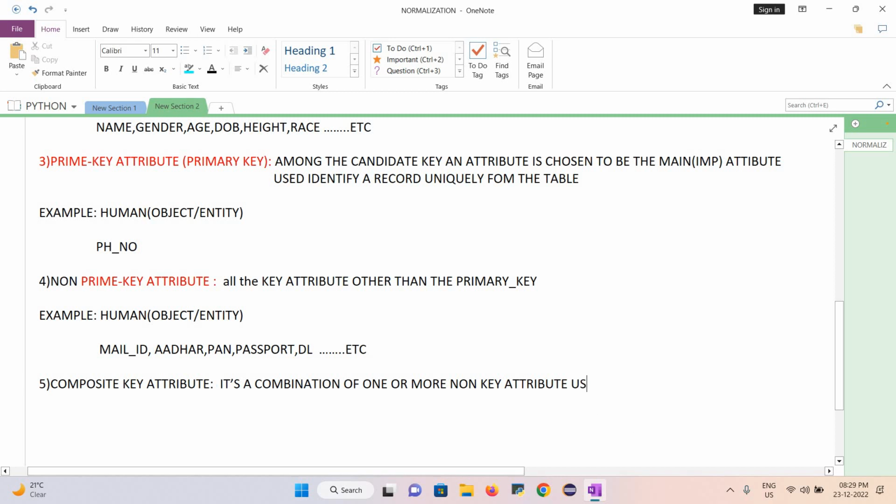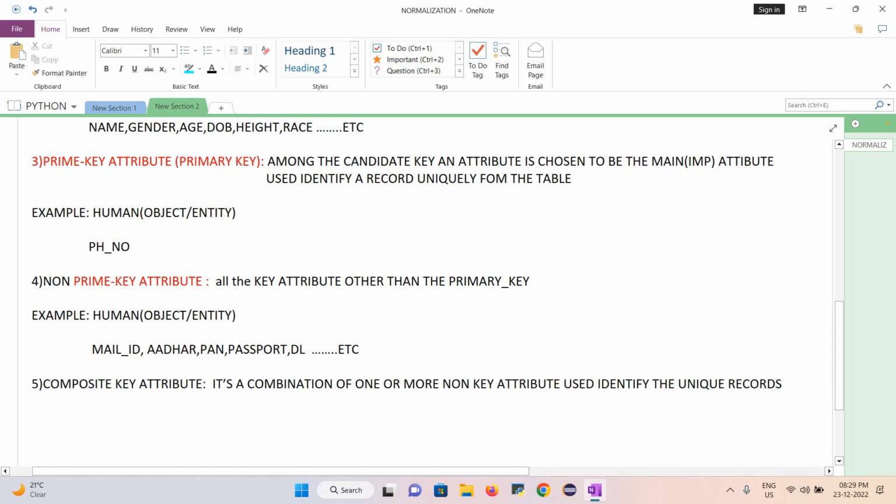By using this, we also identify unique records from the table. So again we use this to identify the record uniquely from the table, but it is not a candidate key, and it is not a non-prime key attribute.